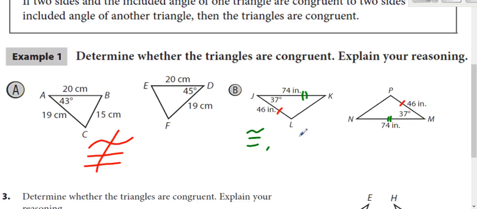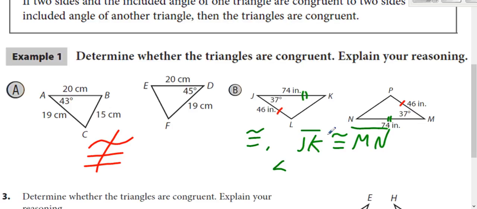They are congruent because the two sides, JK, is congruent to MN. Is it J? You got to start with J. Nope, MN, yeah. You have to name it in order. So since we started with J, which is where the angle is, we got to start with M, where the angle is.